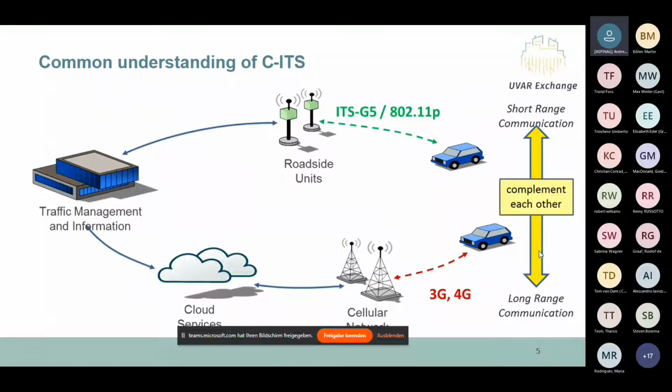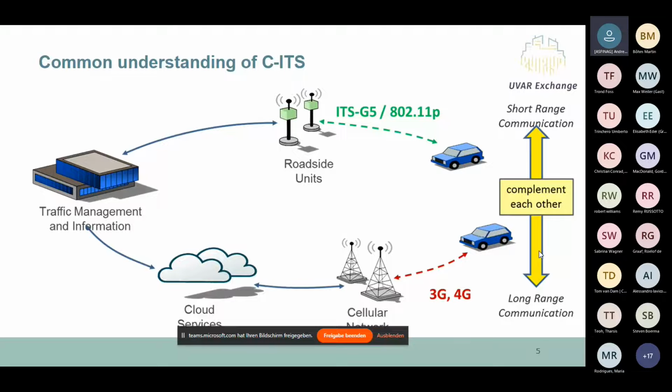When it comes to C-ITS, how does it look? First and foremost, you need to have a traffic control center, which distributes roadside units on key spots where they think it will be necessary.